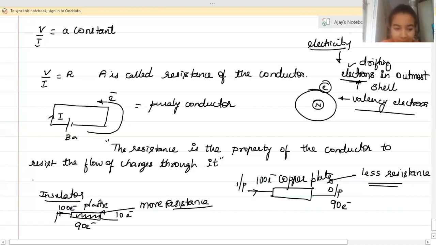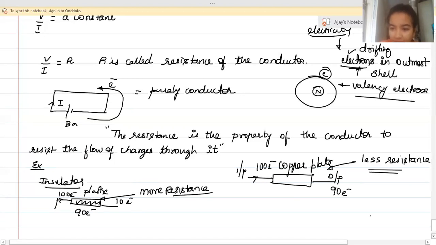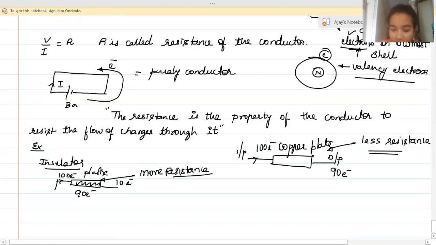Plastic has more resistance because it is blocking the charges. For example, 100 electrons are sent through the plastic as input, but how much is the output? 10 electrons. Then obviously it offers what?